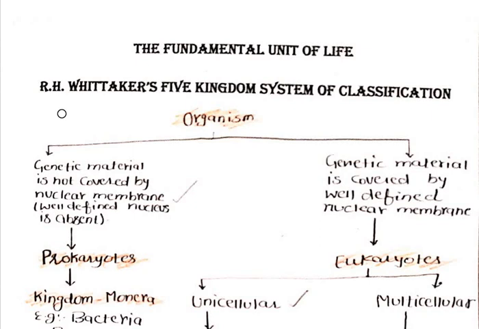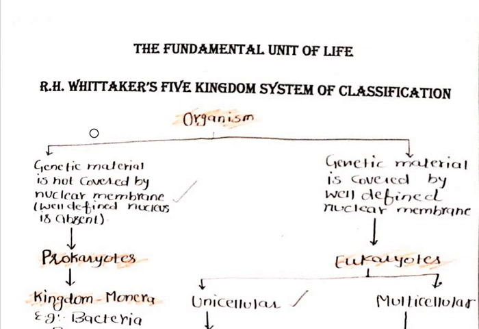You must have read this topic in class 9 if I talk about CBSE students, and I am sure ICSE students must have read about lichens, which is the symbiotic association between a fungus and blue-green algae. So he could not classify lichens and viruses into the five kingdoms.